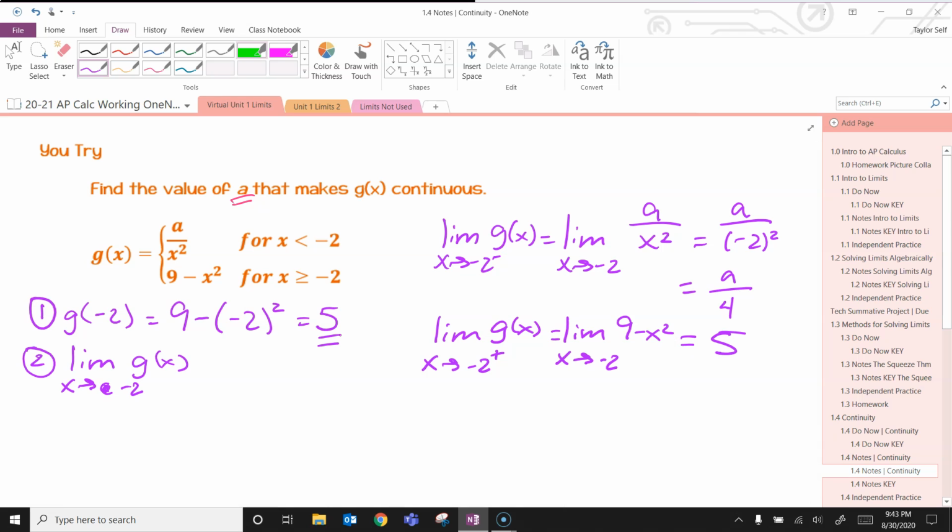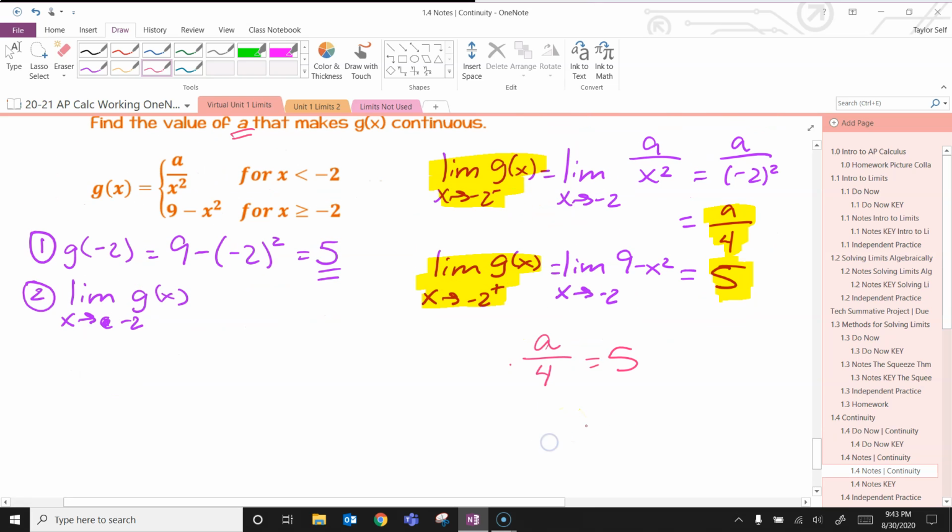Okay, we need the left limit. The left limit, which is this thing, needs to equal the right limit, which is this number. So let's go ahead and set those equal. So we have a over 4 equals 5. Solve for a. We're going to do times 4 times 4. A equals 20.